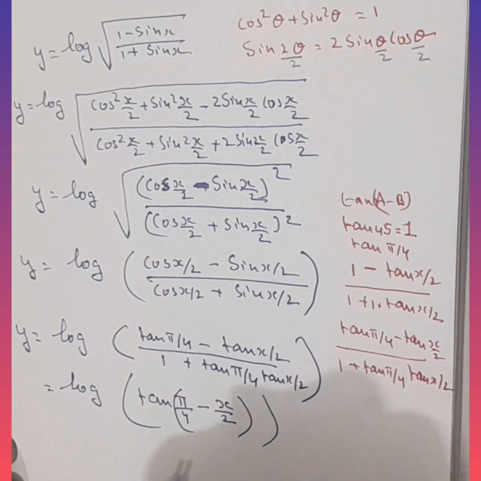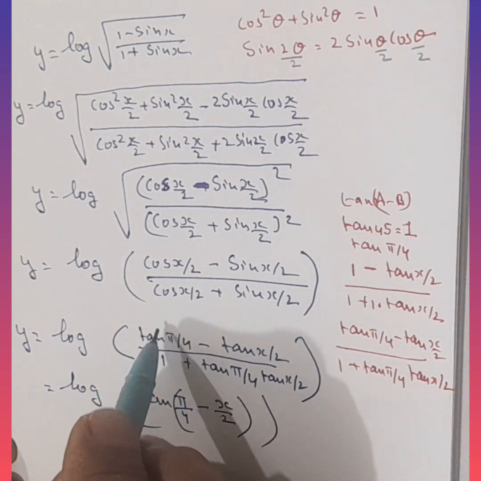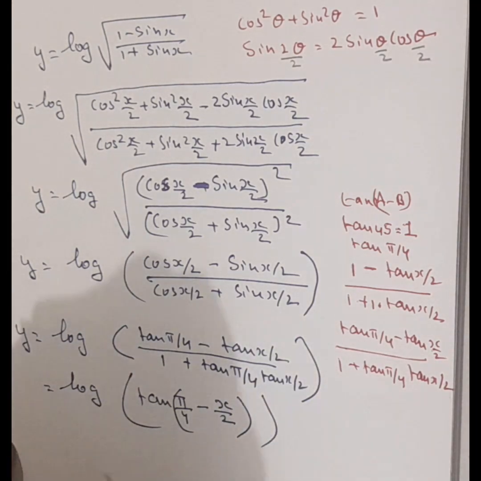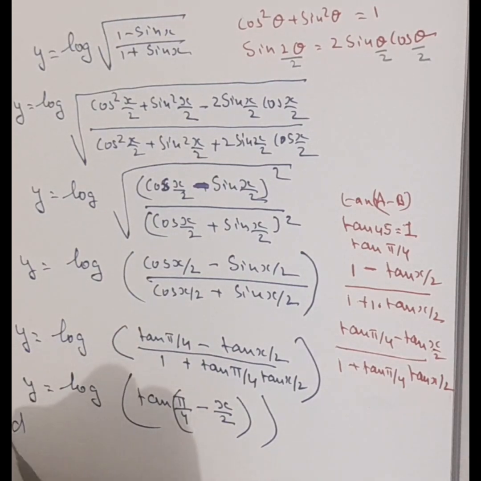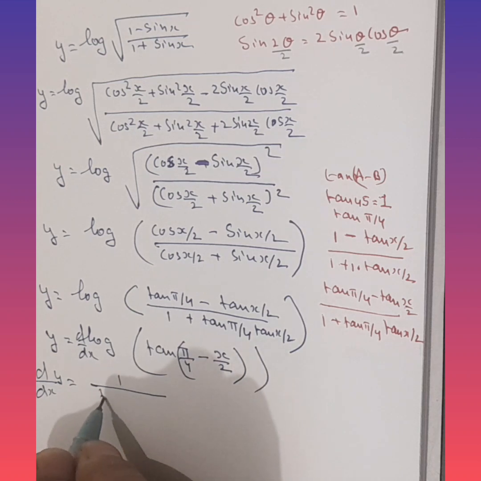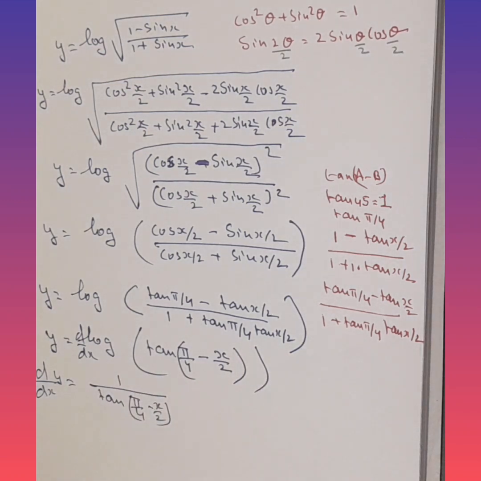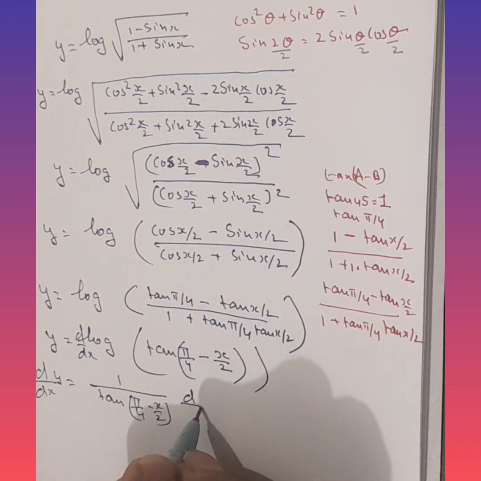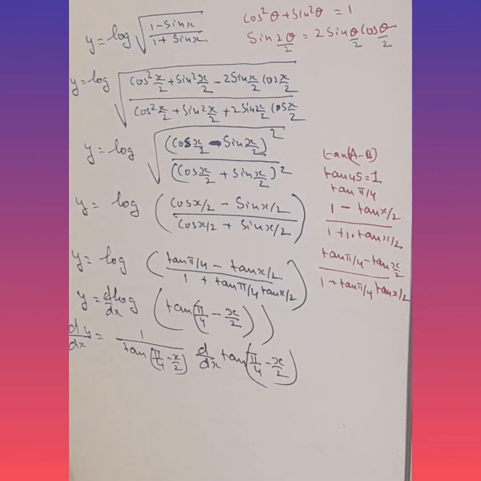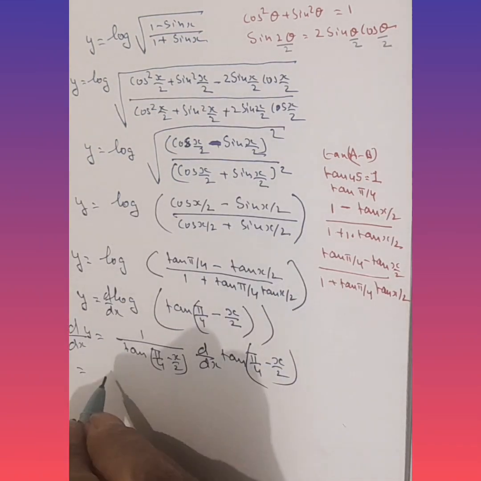So it is log of tan pi by 4 minus x by 2, this being a, this being b. Now it becomes very simple for us to differentiate. So now what we can do is d by dx of y. We know d by dx of log x is 1 by x. So this would be 1 upon, alright, and then d by dx by the chain rule of, alright. Now we also know that this would be as it is.